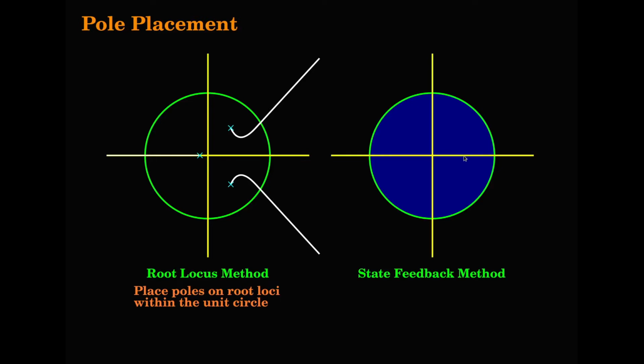In fact, that is the most powerful advantage that you would get with the state feedback method. Place the closed loop poles anywhere within the unit circle for any given open loop pole locations within the unit circle. So this is the power of this full state feedback method.